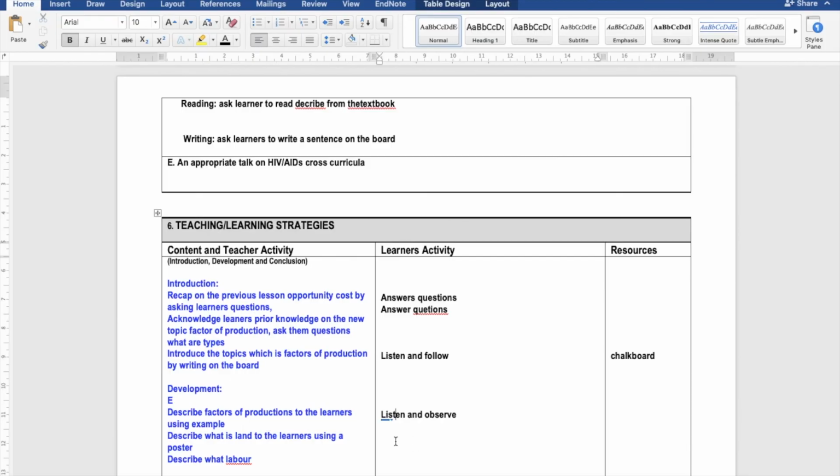And then learners will listen or ask questions, or if you say you're going to ask them questions, and then you say they are listening, or whatever. So this is how it works. And then make sure that everything goes together. So if you're using a poster here, I expect you to have a poster. So what I'm trying to say is, whatever activity, if there's one activity here, the learner must also respond to that activity that is happening. So these things work together like that.